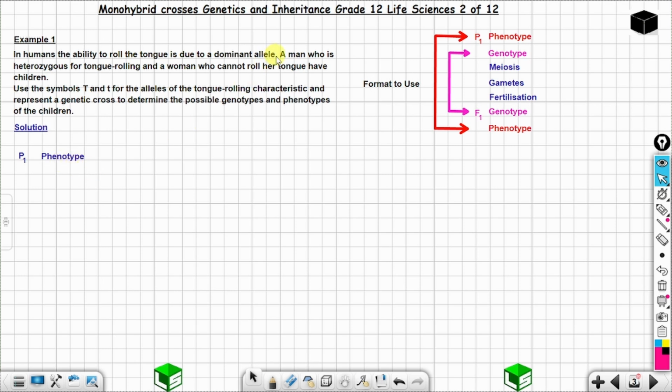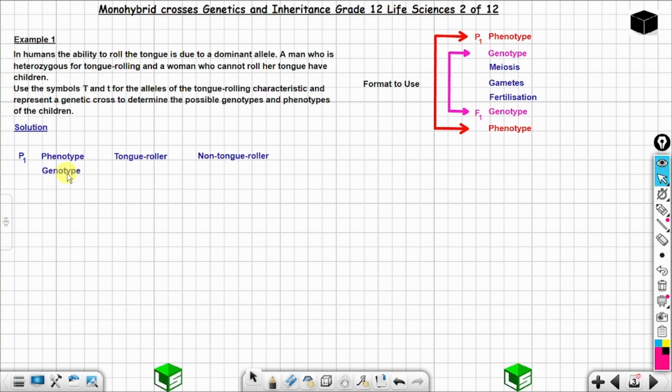You have a man who is heterozygous for tongue rolling, so the man can roll the tongue; he is a tongue roller. And the woman who cannot roll her tongue is a non-tongue roller. That is the physical appearance, the phenotype. Pheno is for physical appearance.